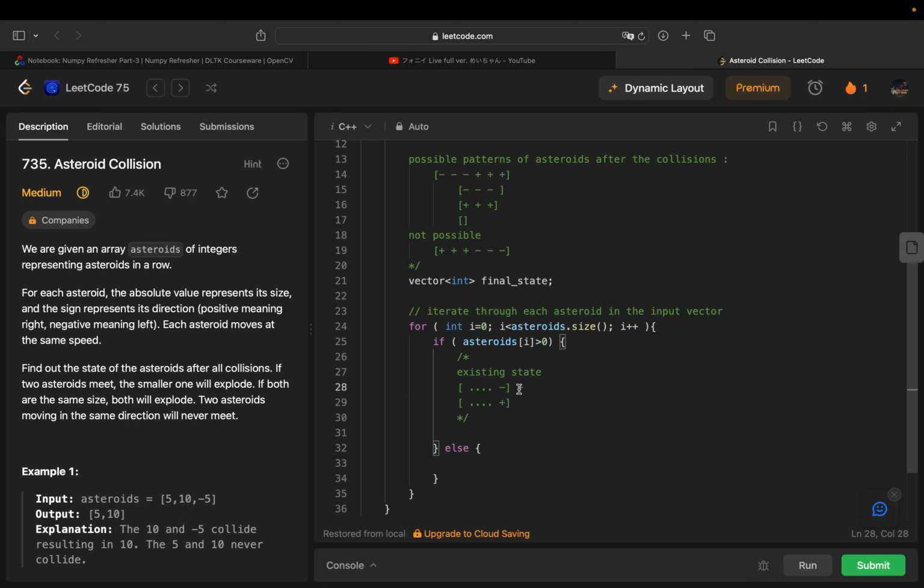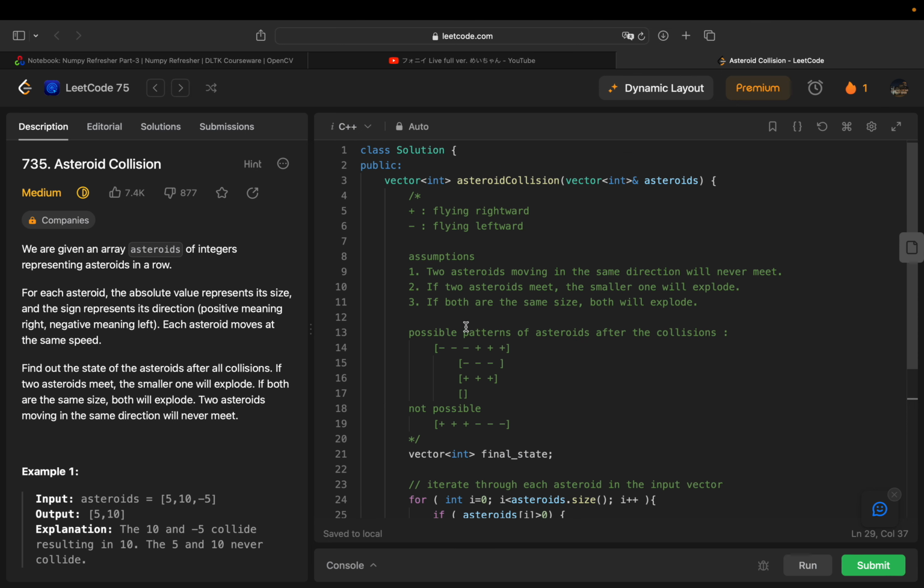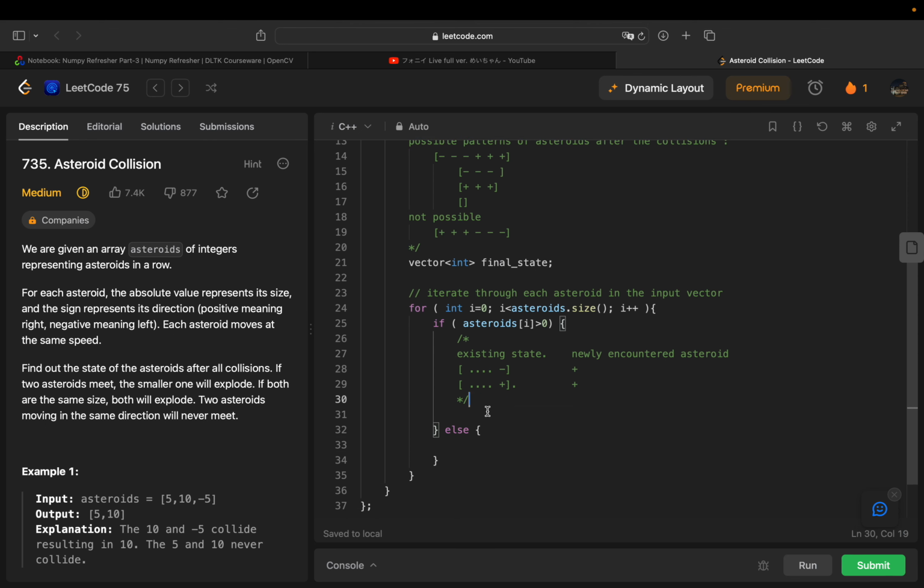In both cases, if the newly encountered asteroid is flying rightward: in the first case, the last one is flying leftward and the newly encountered asteroid is flying rightward, so they will never meet. In the second case, they are both flying rightward, and by assumption 1, they will never meet either.